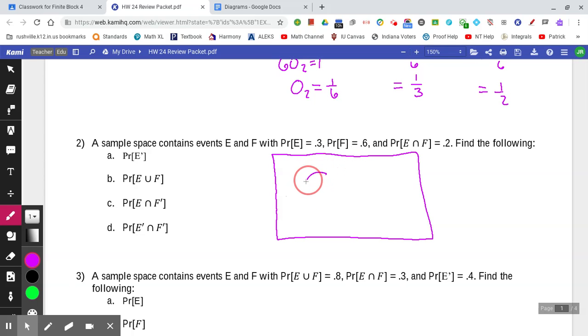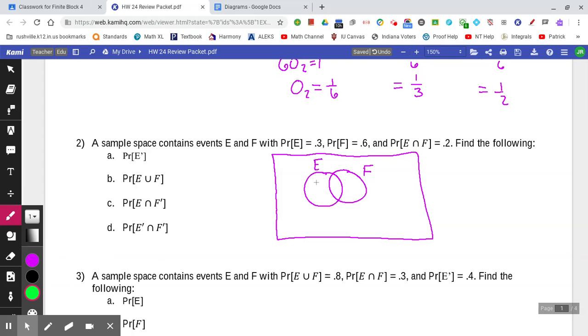So we have event E, we have event F, and I know that I'm supposed to draw these as overlapping. These are not mutually exclusive because it tells me the probability of E and F is 0.2.